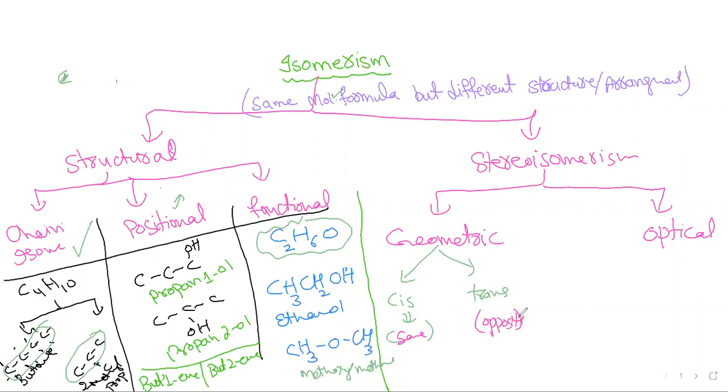What will we study in geometric isomers? If you have butene, it could have two geometric isomers. How? Butene could have two geometric isomers. If you are going to write the formula for your convenience, it would be like this.